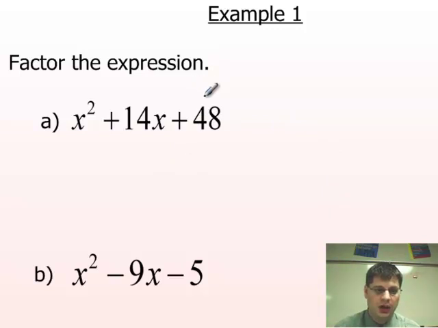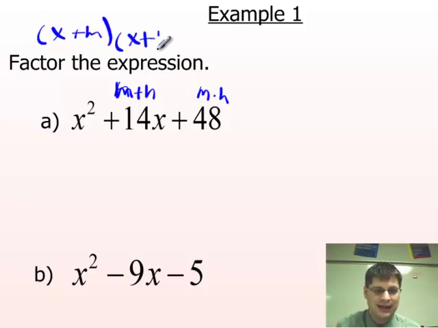So remember, here we're going to multiply m times n together, and here this is m plus n. So we're adding the two terms. And ultimately we're trying to get x plus m and then x plus n. So we need to figure out what m and n are.